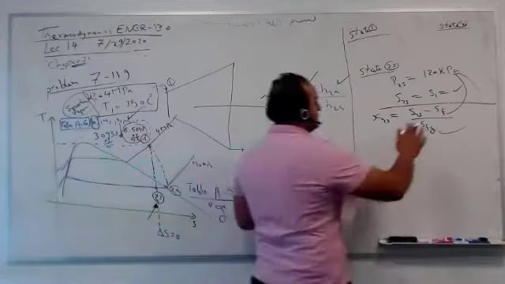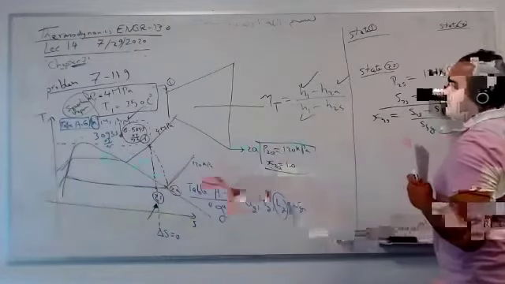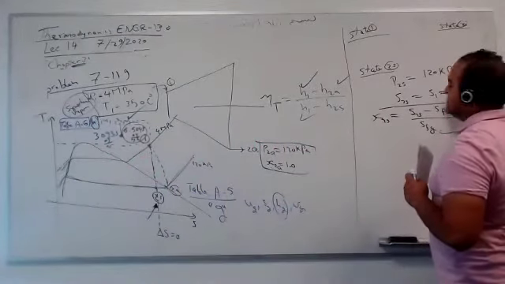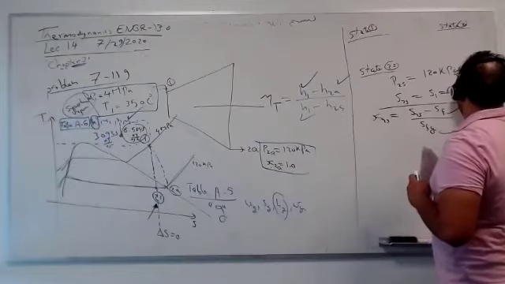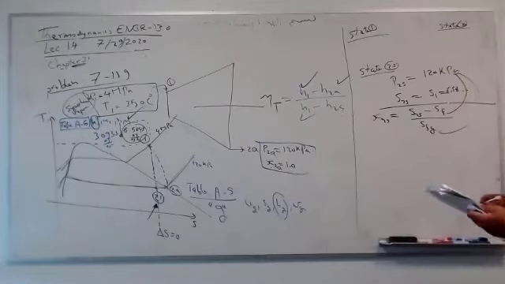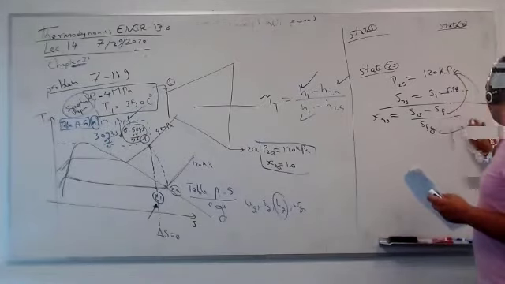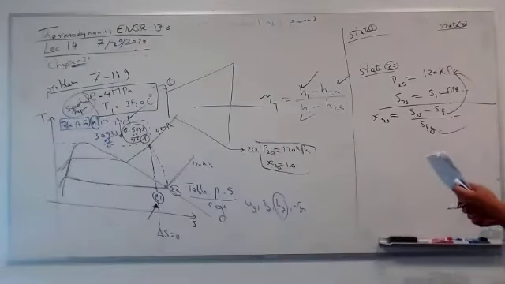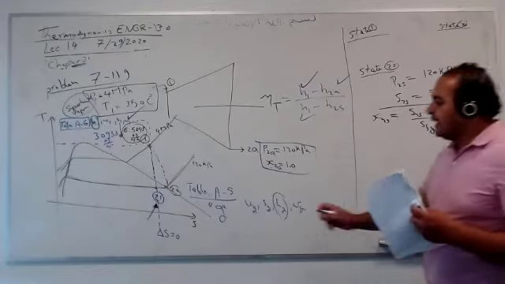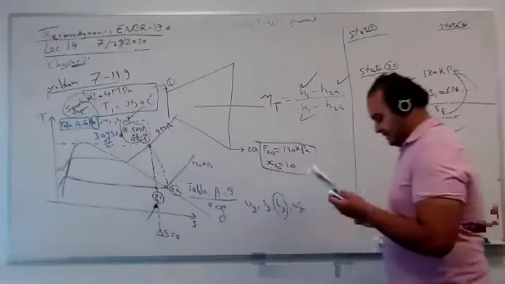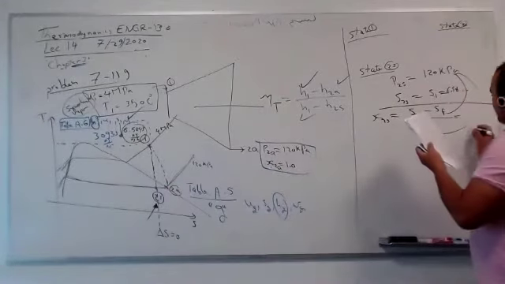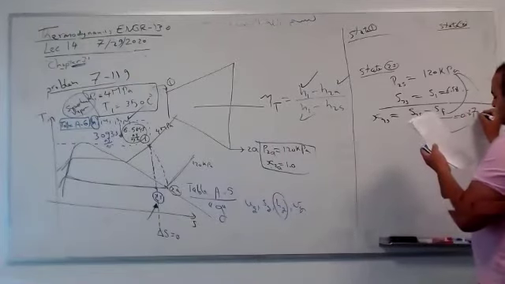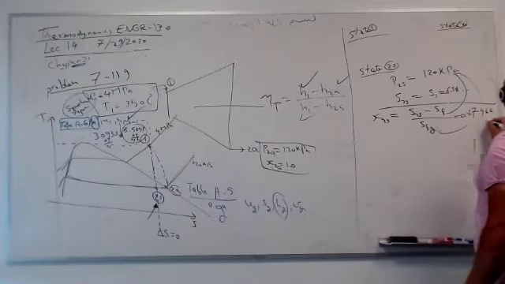So we have here S1 is 6.58. So we can get X2S, which is of course lower than 1, because it's behind 2A, lower than 2A. It was 0.87. So we have some liquid, some vapor.